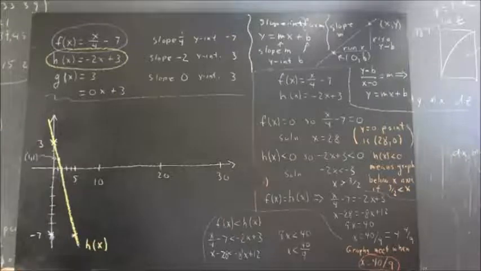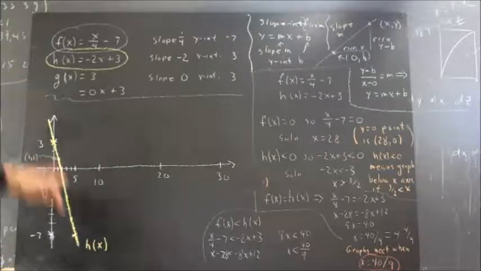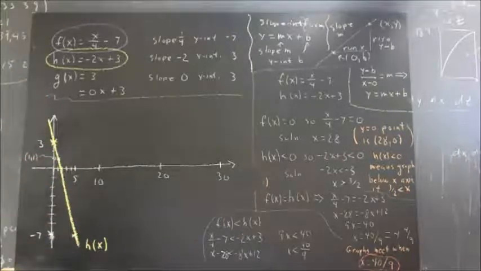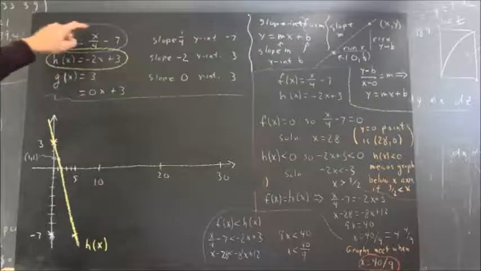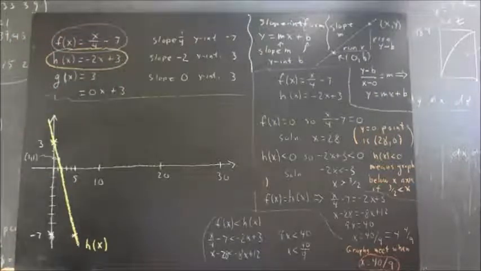Straight line, intercept 3, with a slope of negative 2. Now, on a graph with an equal scale, slope of negative 2 wouldn't look quite that steep, but it'd still be fairly steep.